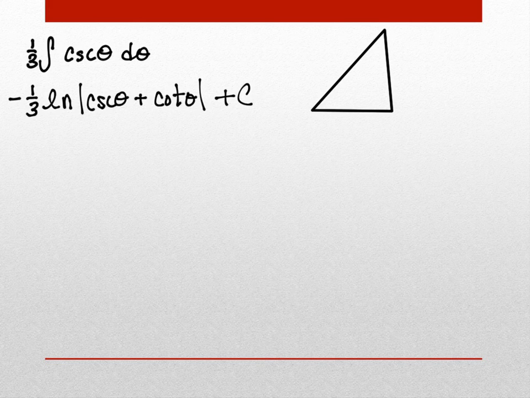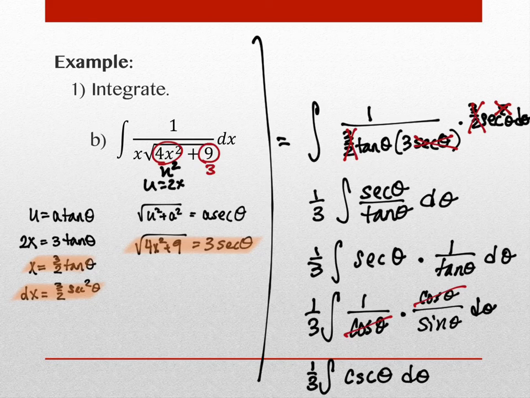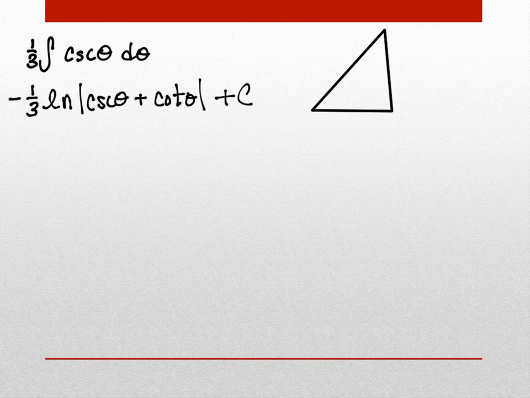And the relationship that we started with over here was that, I don't care which version of it you use, but one of these two versions is fine. I'll just use 2x equals 3 tangent theta. I want to rewrite that with tangent theta in mind.